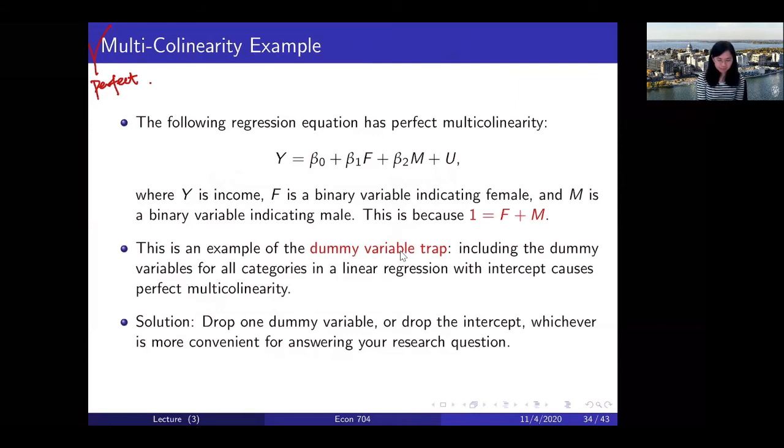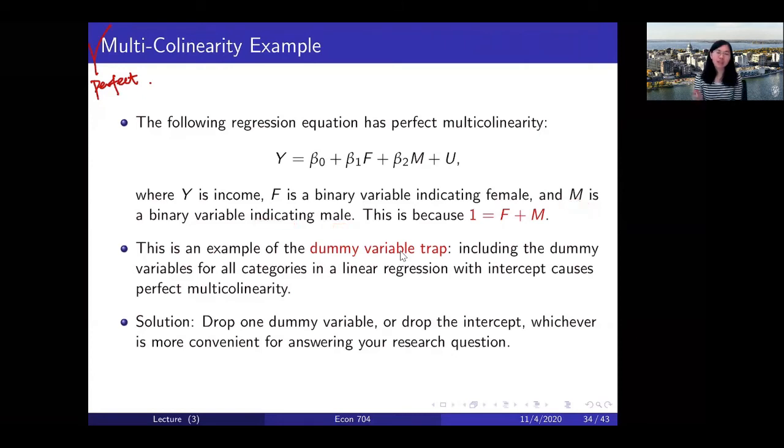In this example, the x variables contain f and m, where f is a binary variable, a dummy variable indicating female. So f equals 1 if the person is female and 0 otherwise. And m is the dummy variable indicating male.